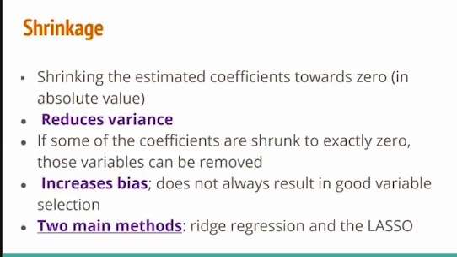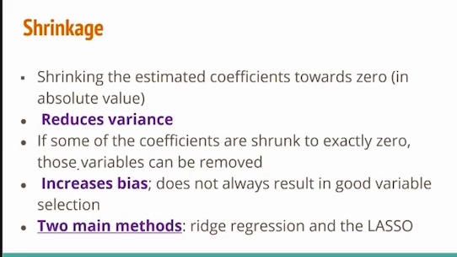To be able to do that, like I said, we shrink. Shrinking means you are forcing the regression coefficients associated with irrelevant predictors towards zero. It's either you shrink it to zero or you shrink it towards zero. Now let me tell you this, that is what I'm trying to explain here.